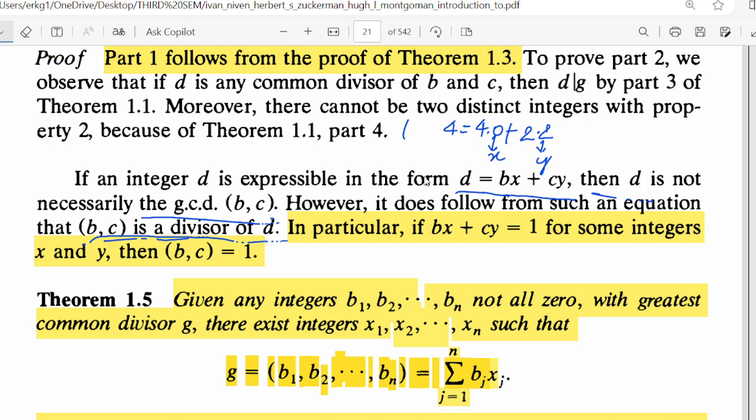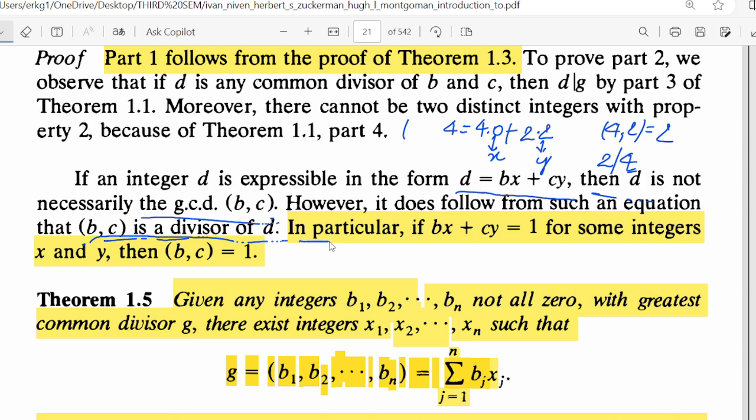Here b is equal to 4 and c is equal to 2. So the GCD of 4 and 2 is equal to 2, and 2 is a divisor of 4, meaning 2 divides 4. This is the counter example.